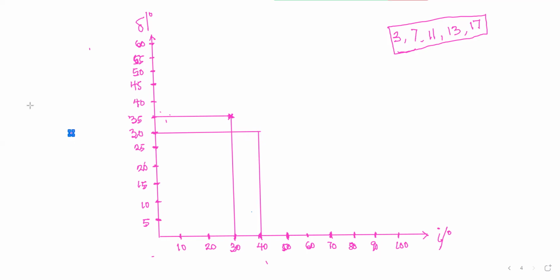And so this is the point of 10. Then the next point, 32 is going with 50.